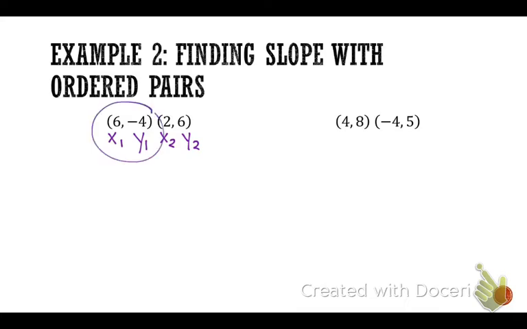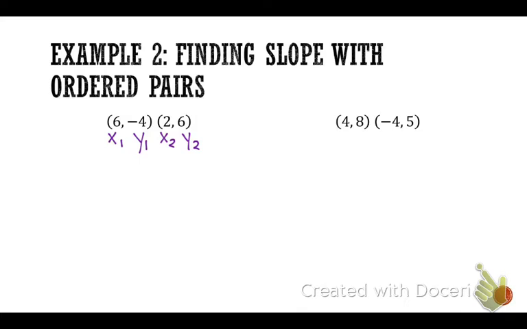This is my first ordered pair in the set, okay? The first number in the ordered pair is an x value, right? It goes x and then y. So that's why it's x1, y1. x2, y2 just means that it's the second x value in the set, right? So that's why it's x2, y2.